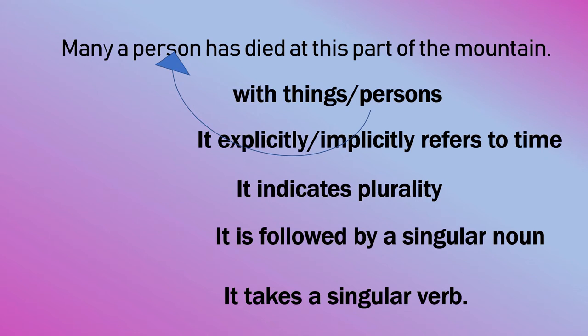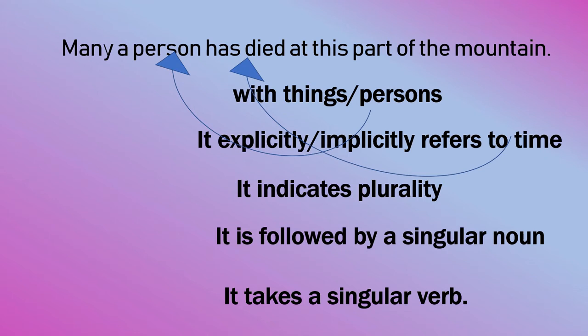The next characteristic we learned was that it explicitly or implicitly refers to time. If we closely observe the verb has died, we can see that this action of dying is not limited to one time. It has repeated a number of times. Many a person has died at this part of the mountain.